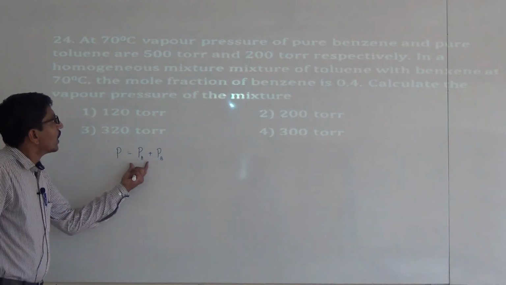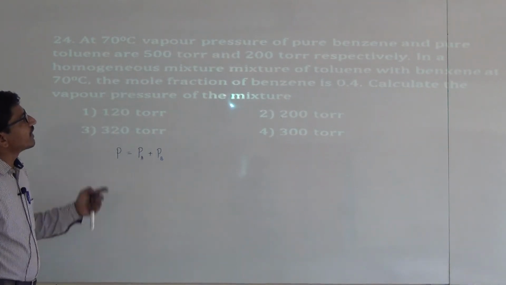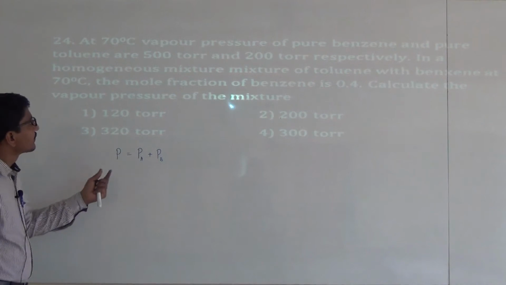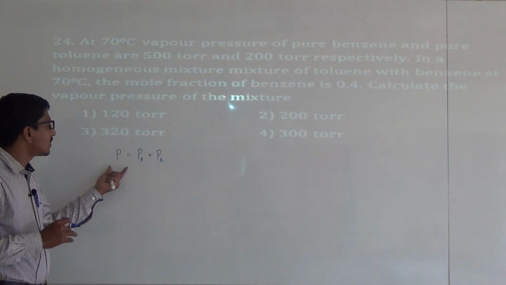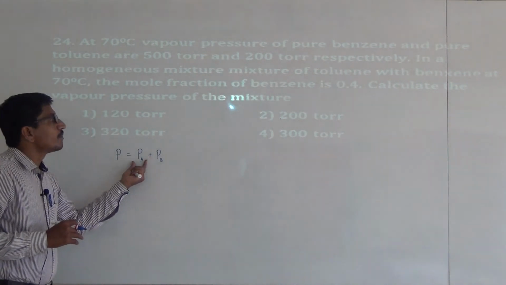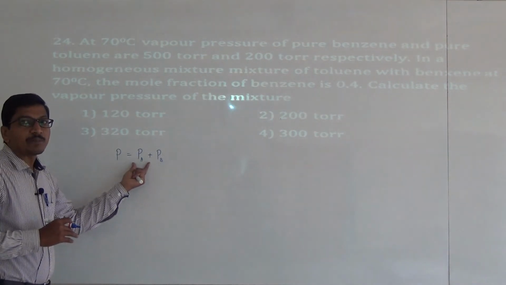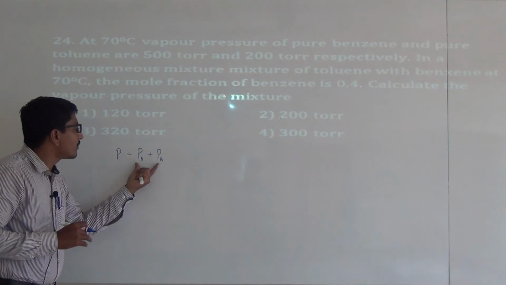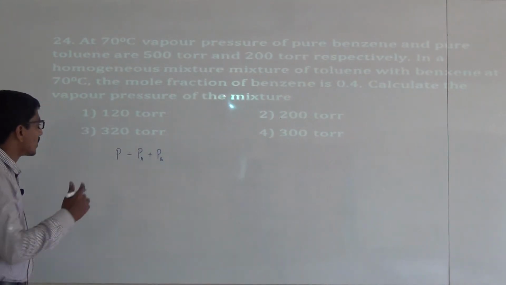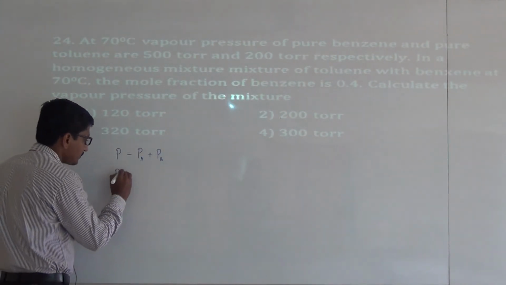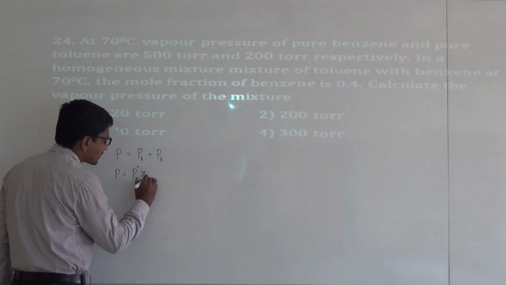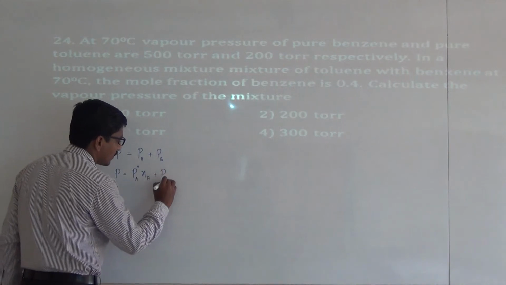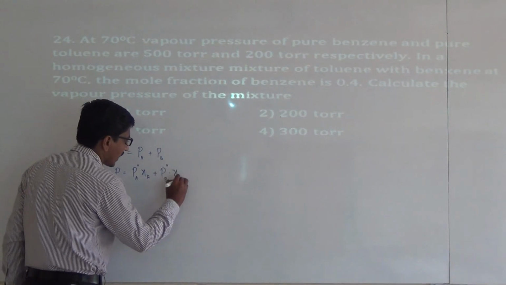If there are two liquids, one is benzene and the other is toluene, the total pressure of this two-liquid mixture is equal to the sum of the partial vapor pressures of the individual components, and P is equal to PA naught into XA plus PB naught into XB.